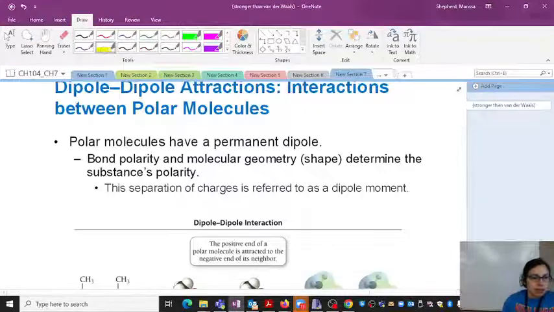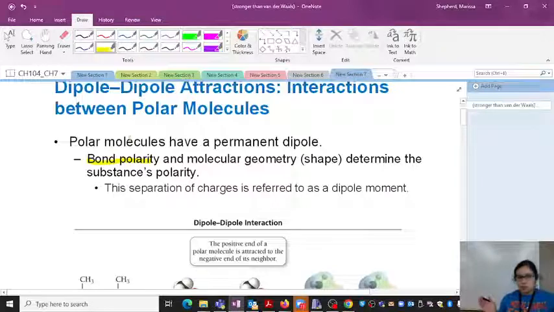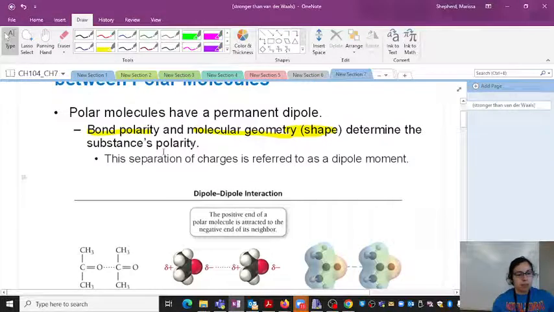And we saw again how that was related to the individual bond polarity. So first we have to determine, is our bond polar? And then is our shape asymmetric such that the polarities do not cancel out?